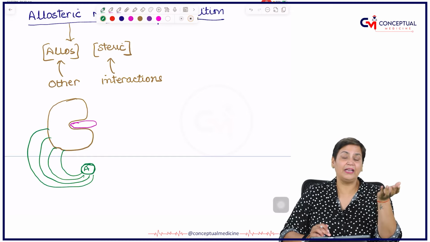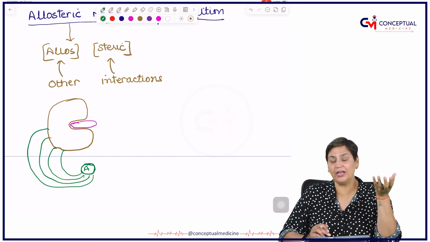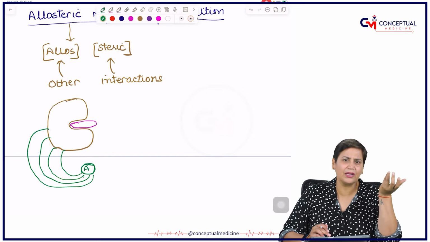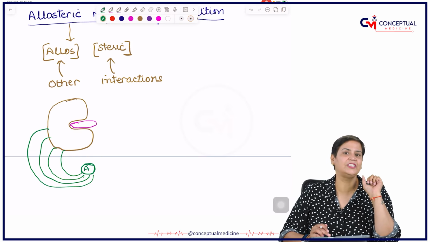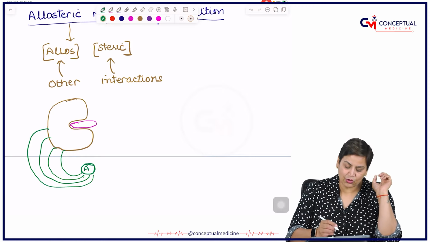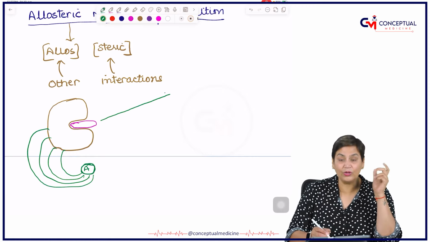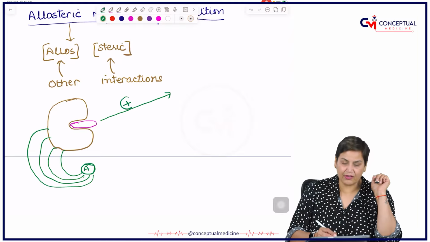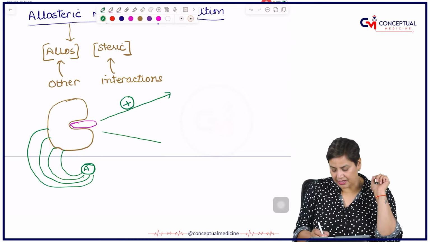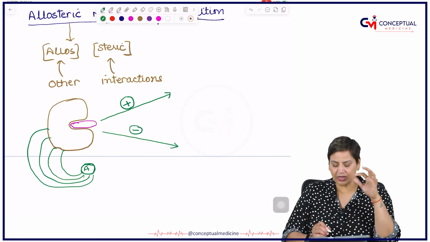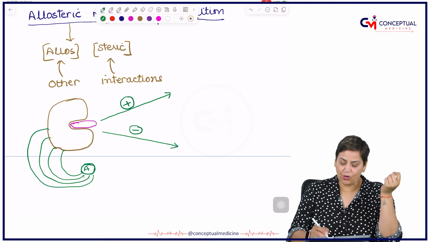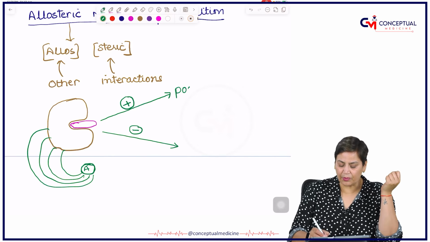But since the enzyme is a protein with a three-dimensional structure, whatever happens, there will be a change in the interactions. There can be only two possibilities: either it is harmful, or it helps the enzyme. Whenever it is helping the enzyme, we call it positive cooperativity.